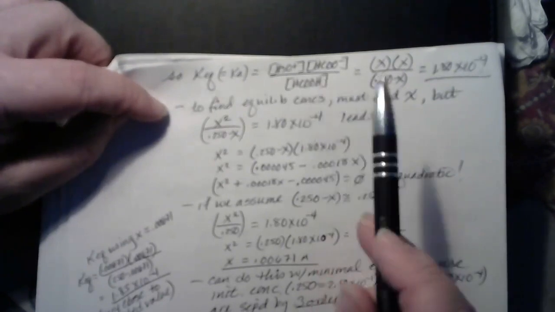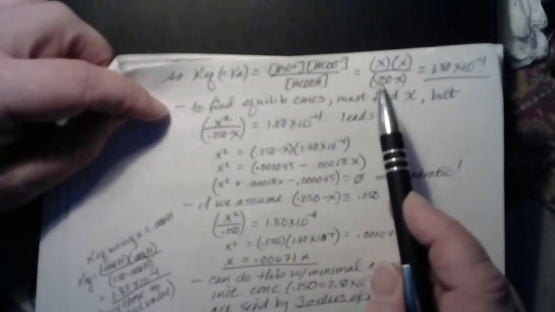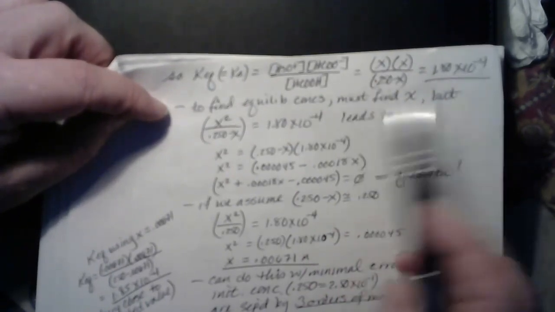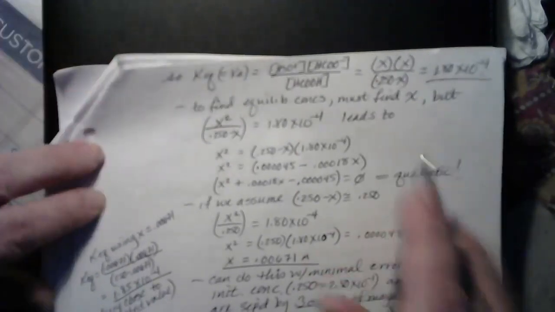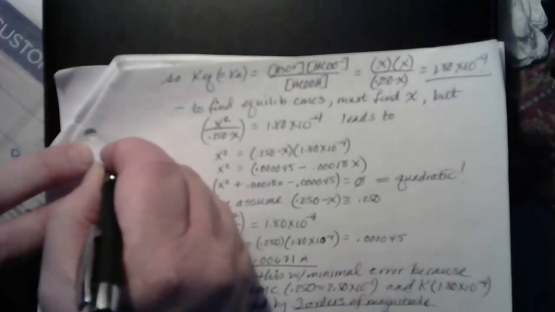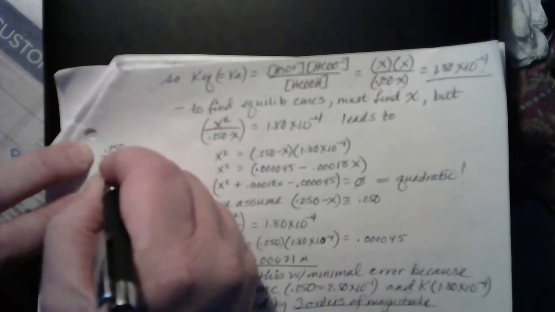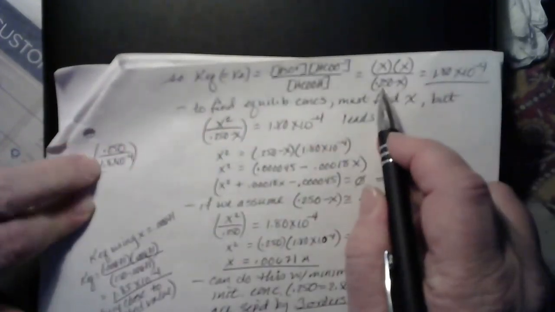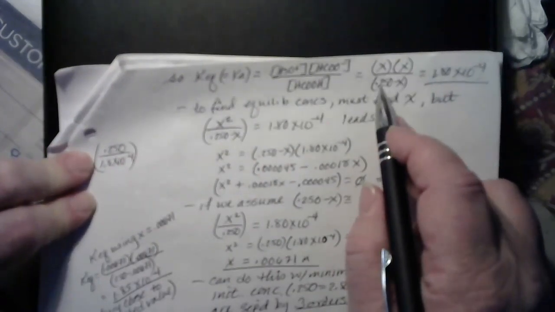And we can make that assumption because 0.250 and 1.8 times 10 to the minus 4 are different by more than a factor of 1,000. If you take 0.250 divided by 1.8 times 10 to the minus 4, the ratio between the initial concentration and the equilibrium constant, you get 1,389.